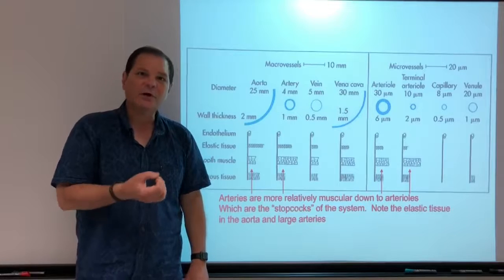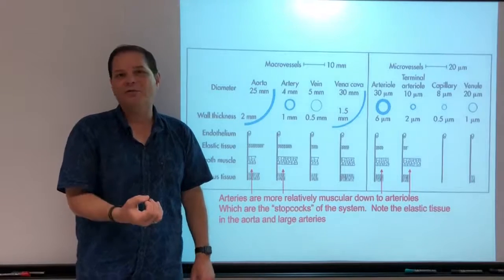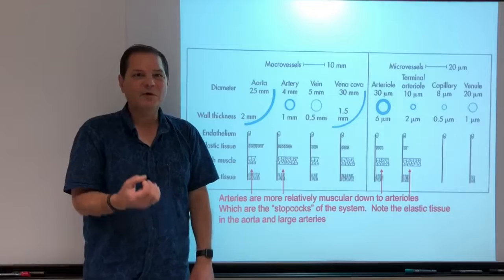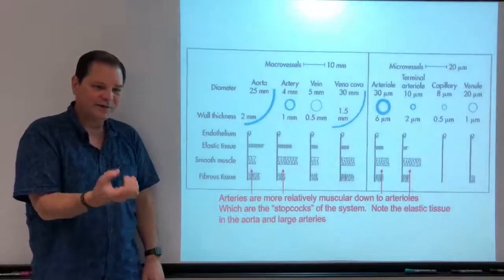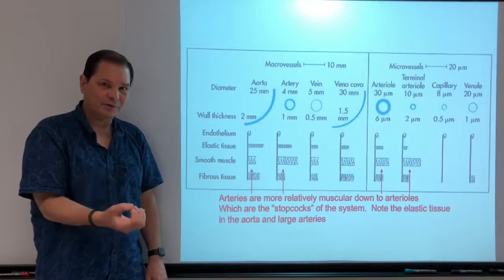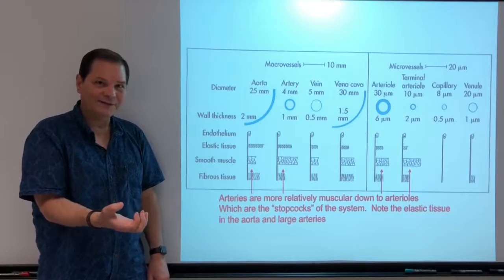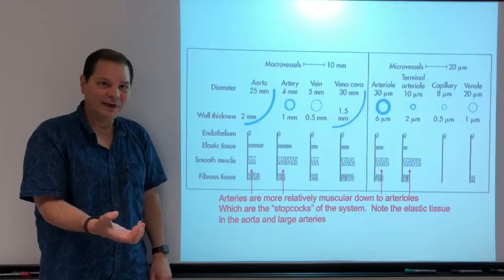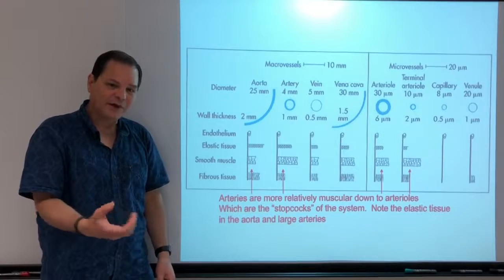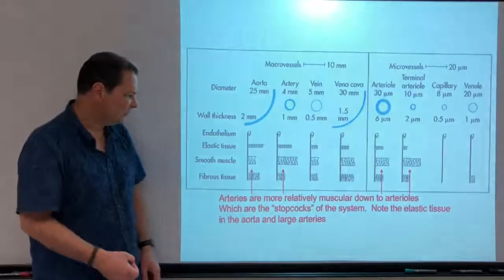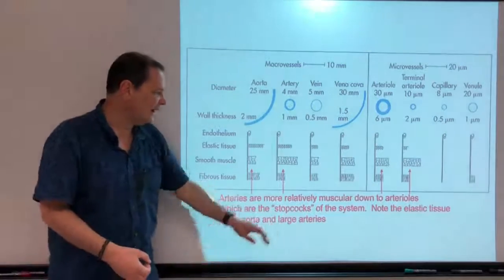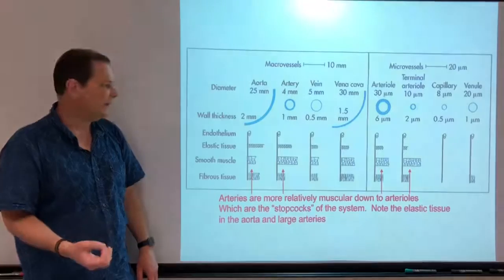And the arterioles are responsible for almost all the increase in resistance to flow that you see to a particular vascular bed. The arterioles constrict, the resistance to flow goes up and the flow goes down. The arterioles dilate, the resistance to flow goes down and the flow goes up because it's easier for blood to flow through a bigger arteriole or bigger vessel. Okay? So these are like stopcocks in front of each vascular bed.